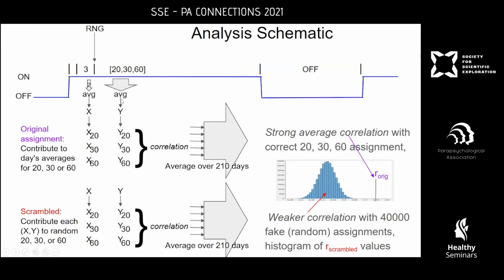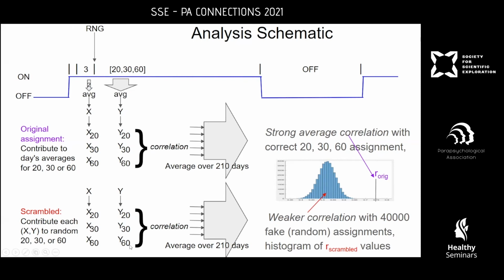On the other hand, if we take each XY pair and contribute it instead to a random XY, even though the actual duration might be 20, it might be that XY average might be contributed to the X30, Y30 pair, for example. Okay, and we do the scramble in such a way that we preserve for each day the number of X and Y that contribute to the X20, Y20, and the number that contribute to the X30, Y30, and the number that contribute to the X60, Y60.